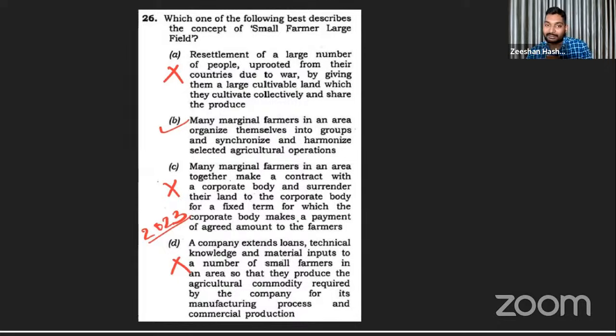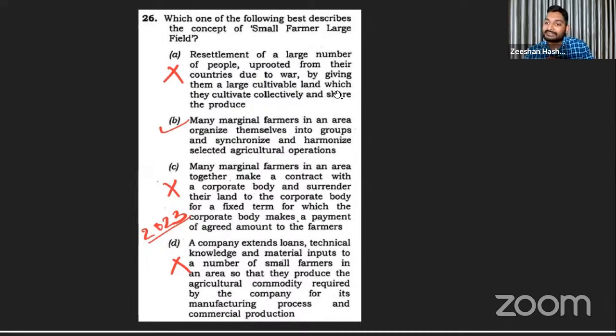Small farmer, large field. Small farmer means a farmer who has a small field. The size of the land with that farmer is quite small, but ultimately a large field. That particular farmer is able to reap the benefits of a large field. So option A doesn't suit. Why doesn't it suit? Because option A says by giving them a large cultivable land.